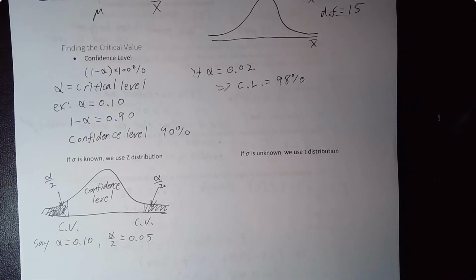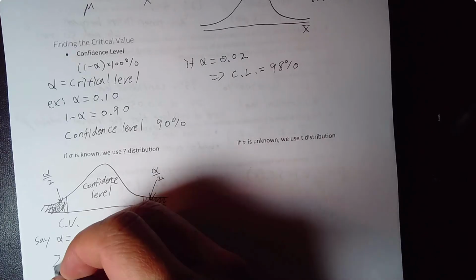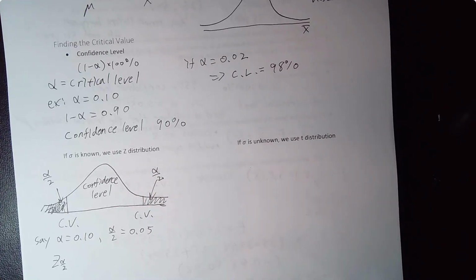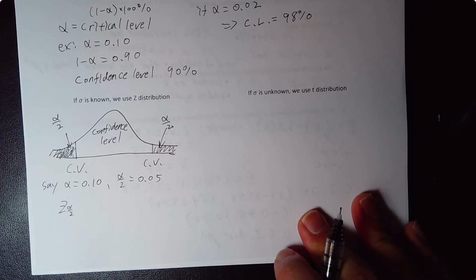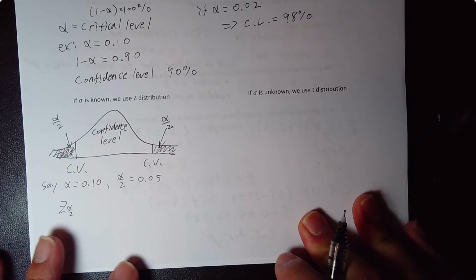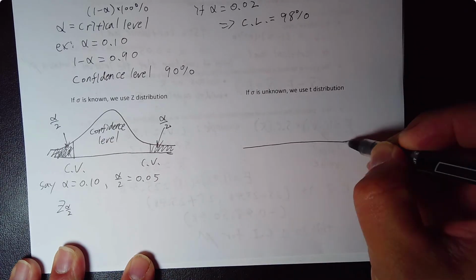When we use the z distribution, for the critical value we will use this notation, z alpha half. Now, when sigma is unknown, we use the t distribution, but the picture will look exactly the same.